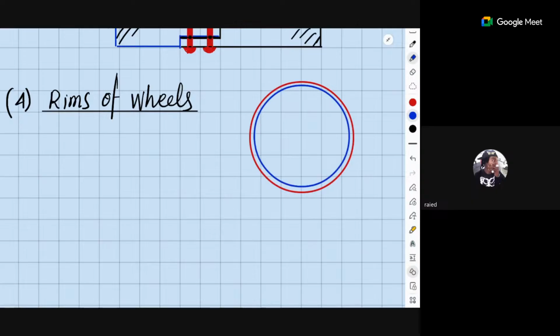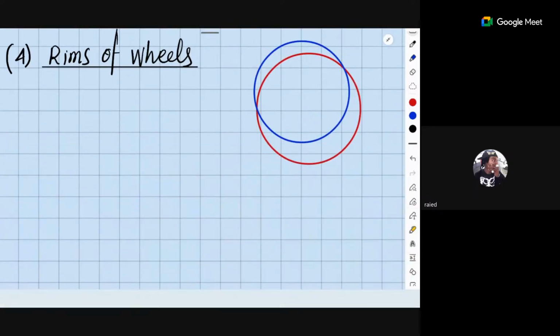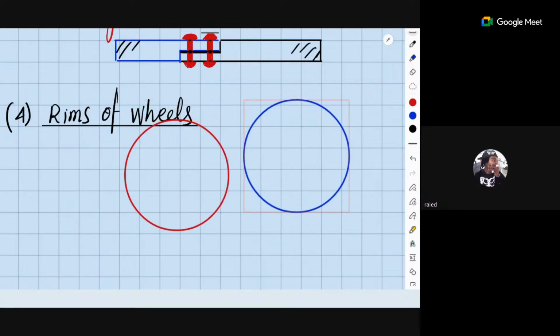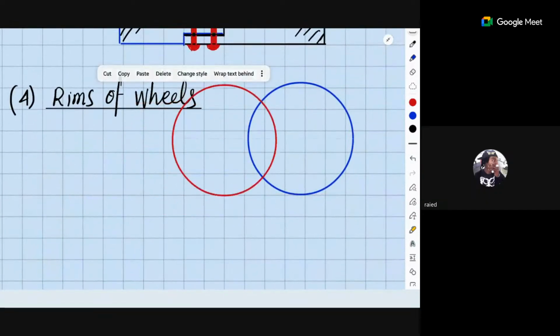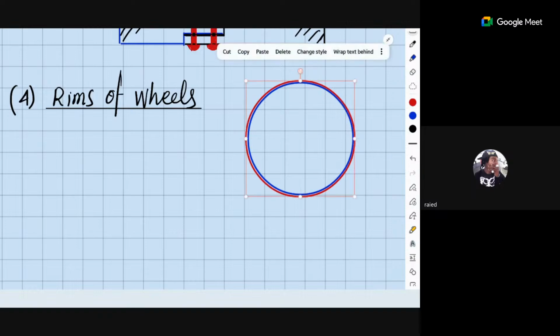Did you see the buggy, the cart? The horse cart. This is that type of setup.